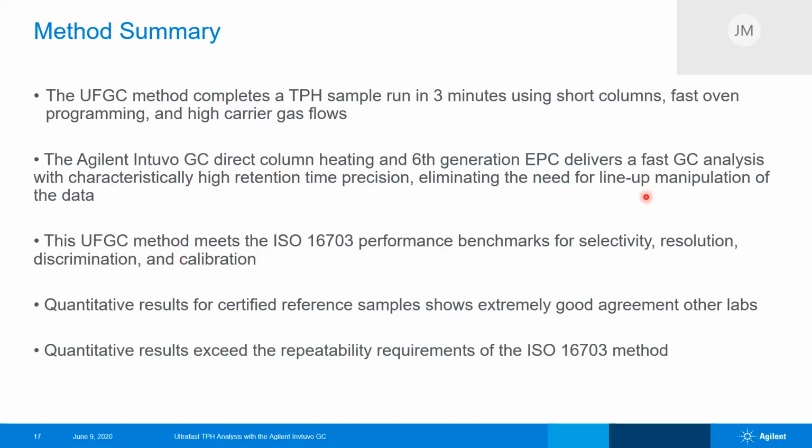We naturally and organically get extremely good retention time precision with our direct column heating and our pneumatics column flow control. So this ultrafast GC method meets all of the ISO performance benchmarks for selectivity, resolution, discrimination, and calibration.